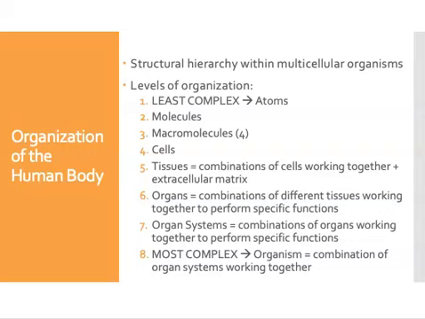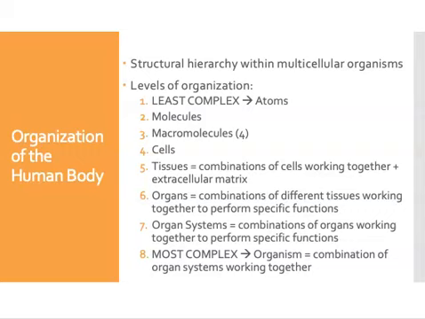Multicellular organisms are very complex, and all of the different structures inside of them, from the smallest to the largest, have to be ordered and organized. So let's take a look at how these things are ordered, from the least complex structure to the most complex structure. And let's think about this on the level of a human being.